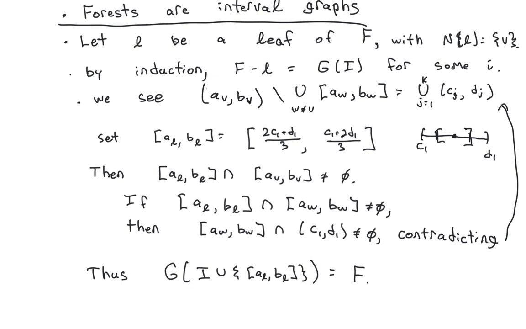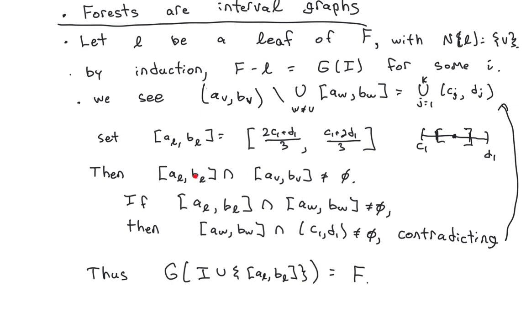So it turns out these points have these coordinates, (2C1 + D1)/3 and (C1 + 2D1)/3. If I take this interval, I make this the interval corresponding to my leaf vertex. Notice that this interval is contained in C1, D1, which is contained in this union, which is contained in my original interval for AV, BV.